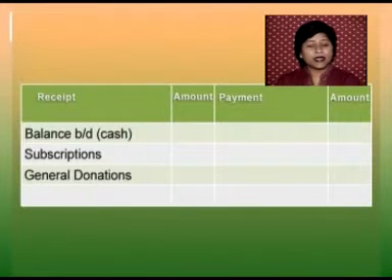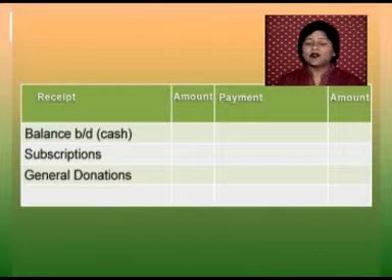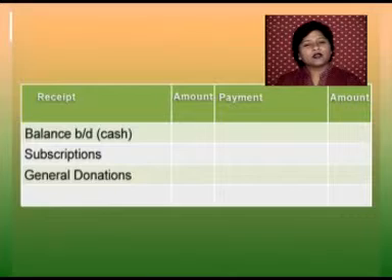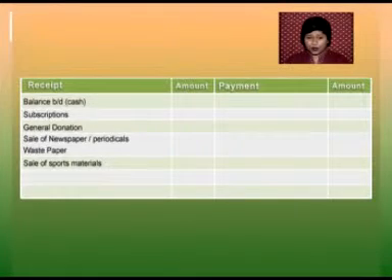On the receipts side, it will open with any balances in cash or the balances with the bank of the organization. After that, any subscriptions and donations received throughout the year are written. And then sales of newspapers, periodicals or waste papers. If the organization is serving sports also, then any sale of old sports material is also written.